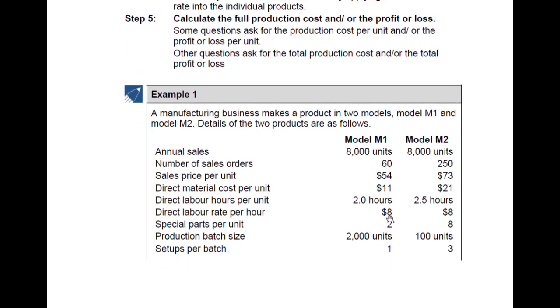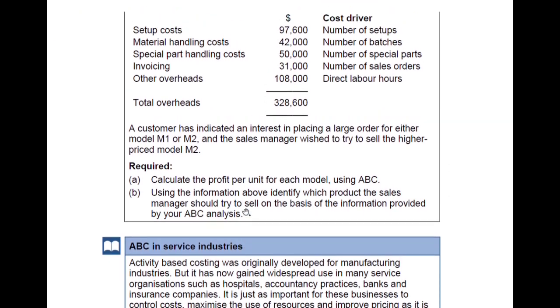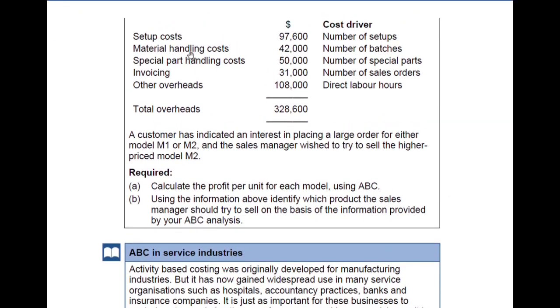Let's see. We have two products, M1 and M2. Here we are given your activities and your costs, and they have given you an idea of the cost driver. For setup cost, they have given the number of setups, for material handling cost, the number of batches, for special part handling cost, the cost driver is the number of special parts, and so on.